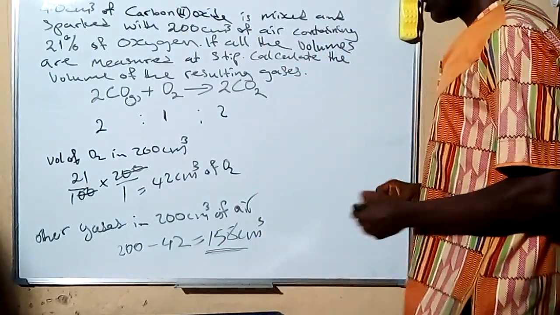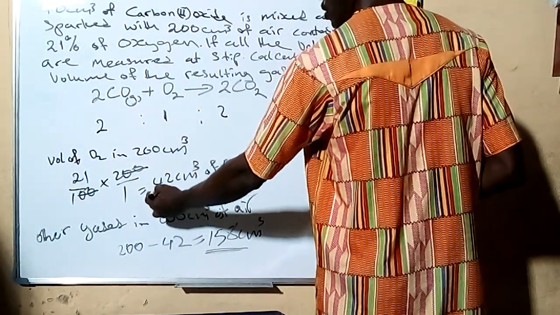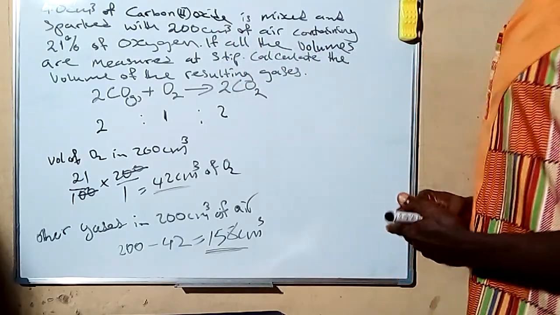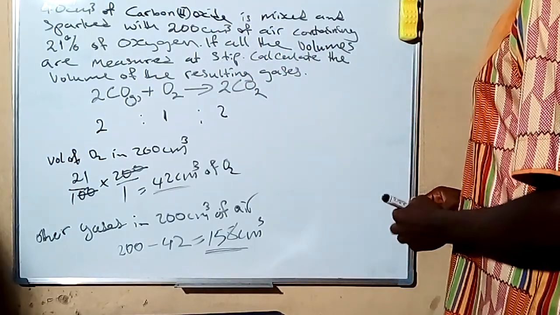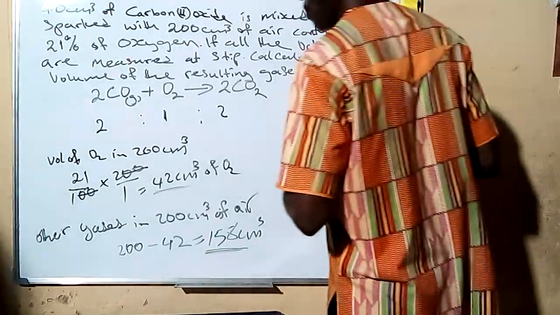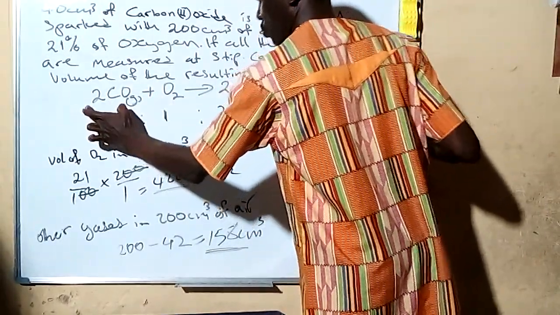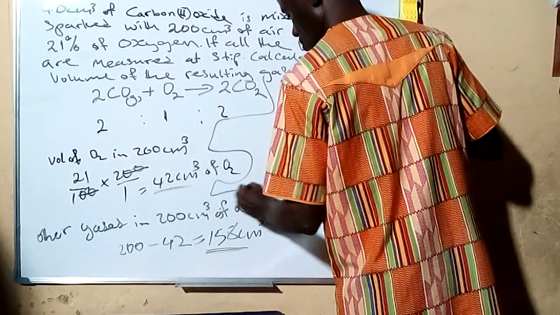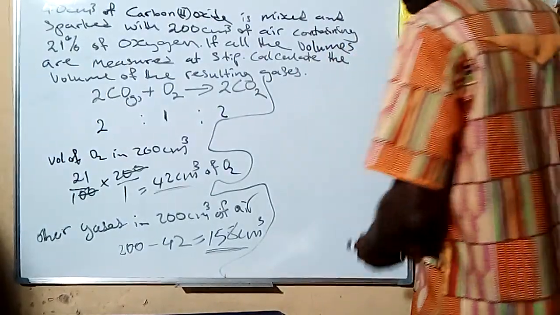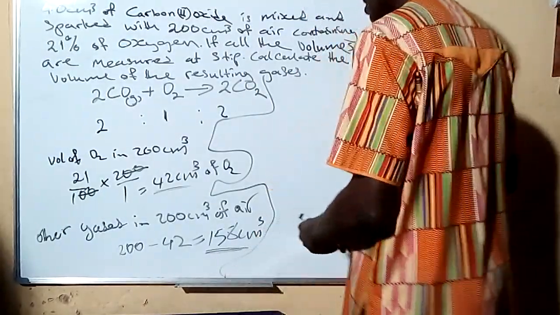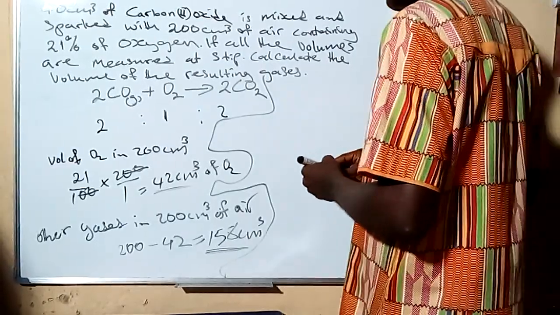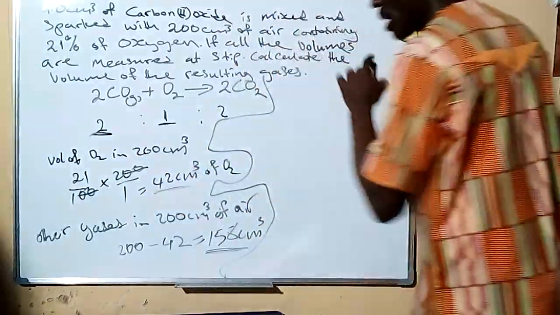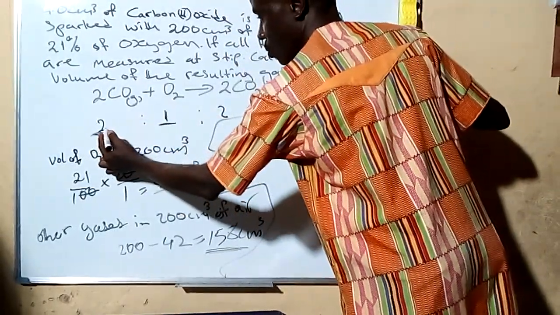Now, since we have the volume of oxygen present in the 200 cm³ of the air, we can now go ahead to find out what happened between this oxygen and carbon(II) oxide. Between the carbon(II) oxide and oxygen, we notice from our chemical equation that the ratio is 2:1.